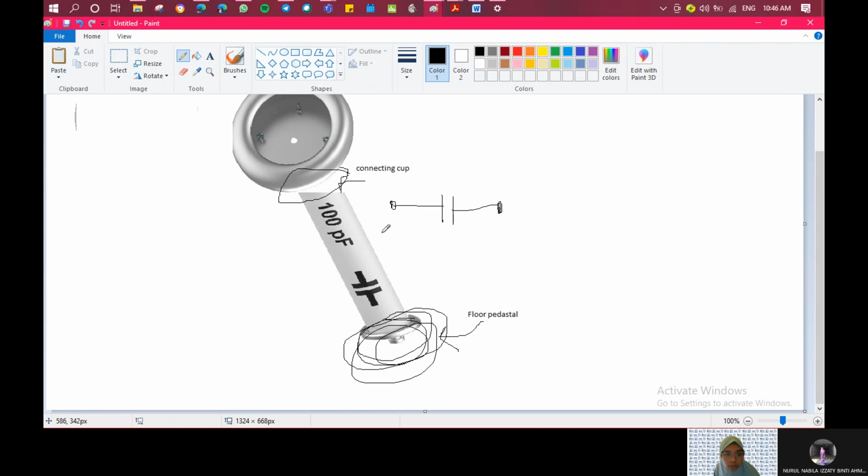And this is the top electrode. This is the measuring capacitor.